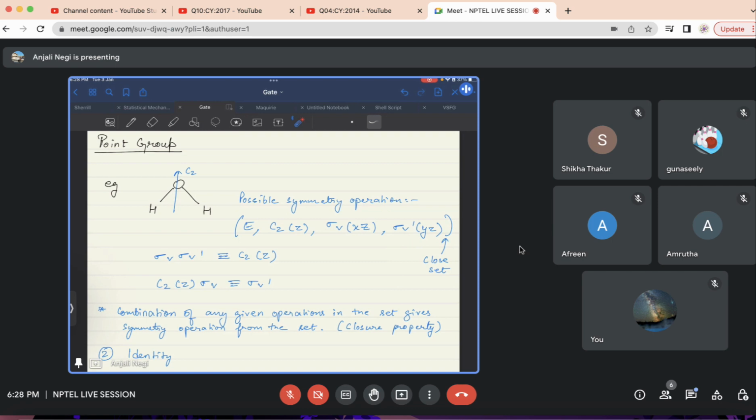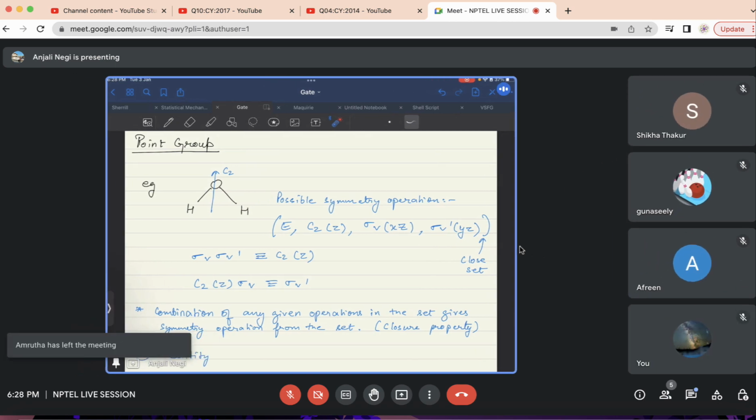Okay, so I will tell you what the closed set is here. The first property when we are grouping all the symmetry operations is the closure property.